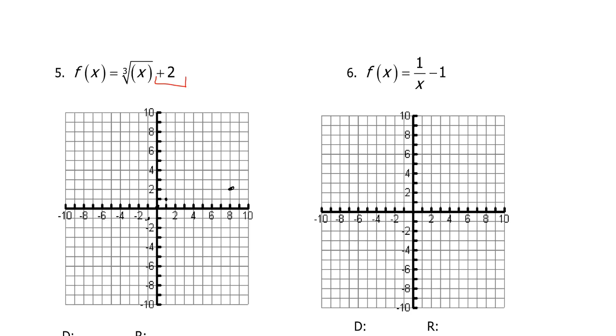And it goes like this. This is where knowing your parent functions comes in handy. It goes like that, and goes like that.